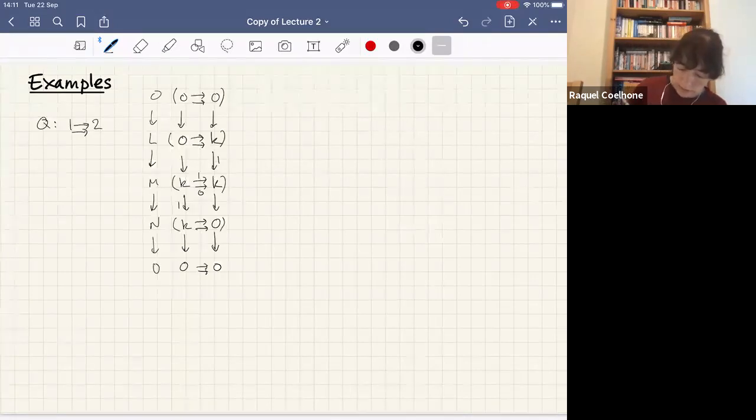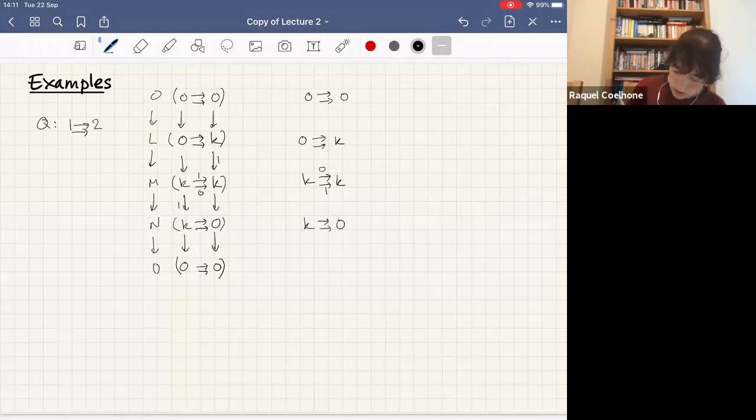You could do the same as here, but now you swap these maps. Identity here, 0, 0, 0.